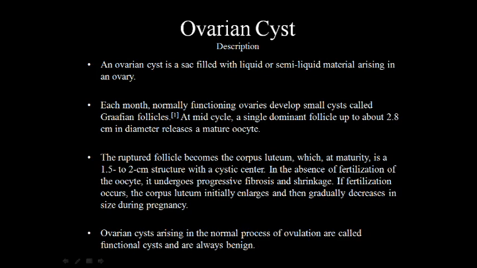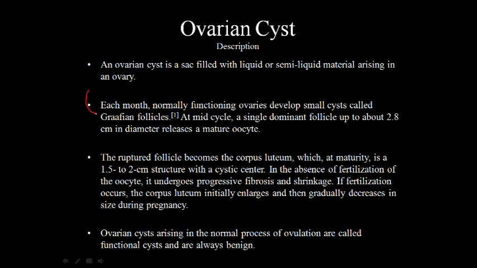An ovarian cyst is a sac filled with liquid or semi-liquid fluid or material arising in an ovary. Each month, normally functioning ovaries develop a small cyst called a Graafian follicle. At mid-cycle, a single dominant follicle up to about 2.8 centimeters in diameter releases a mature oocyte.